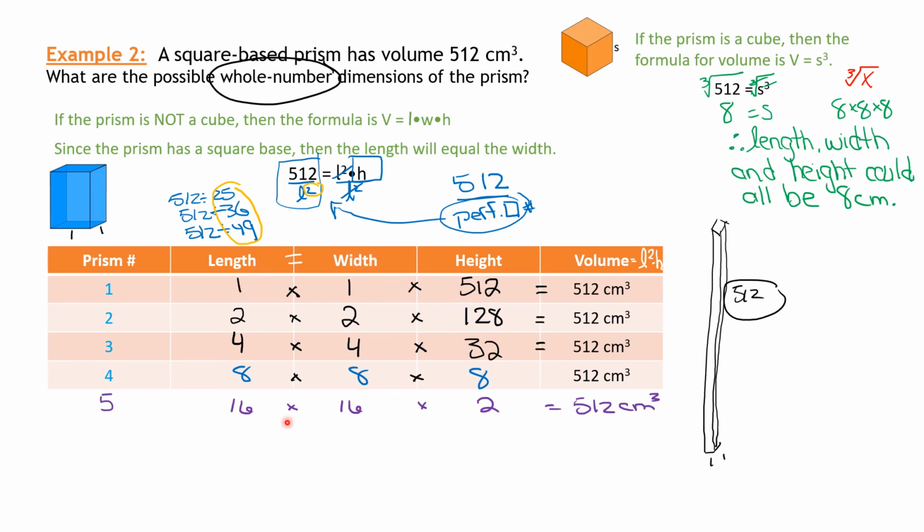This way maybe is a little more straightforward because you're getting 2 of your dimensions taken care of right away if you can figure these ones out. The chart method doesn't have to be the way you do it. You can come up with a formula, and you can draw diagrams to help you see what they would look like, but just remember the question said it was whole number dimensions, so we're pretty limited there.